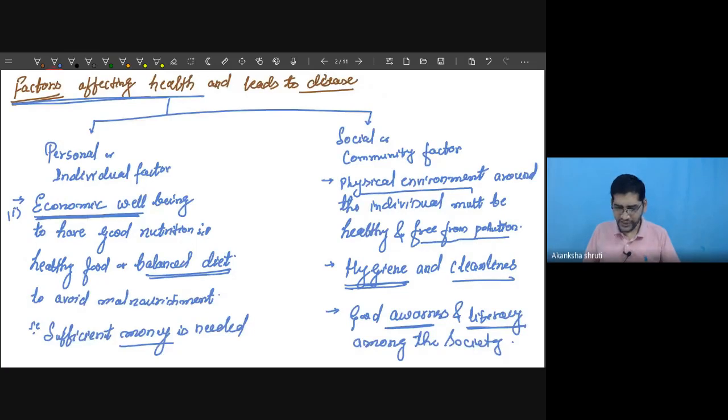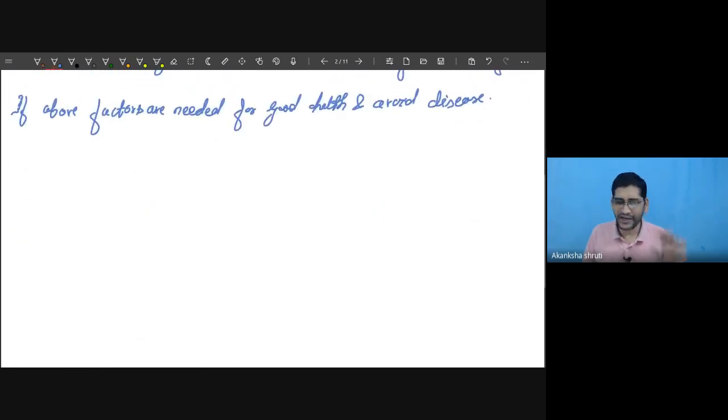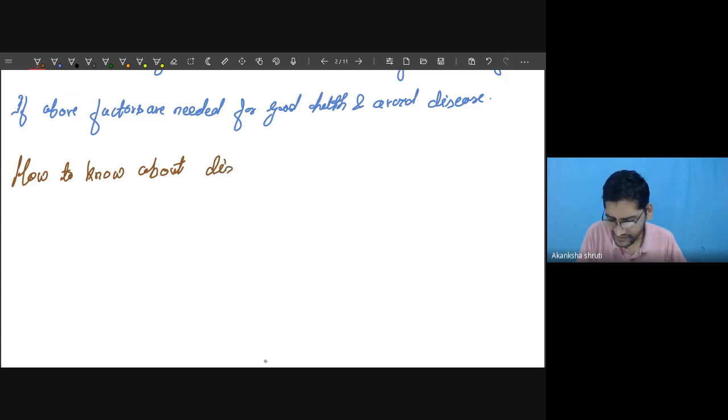Okay, now the question is how we come to know about the disease. That condition is called a symptom. So how to know about disease, means a disease has occurred to an individual?